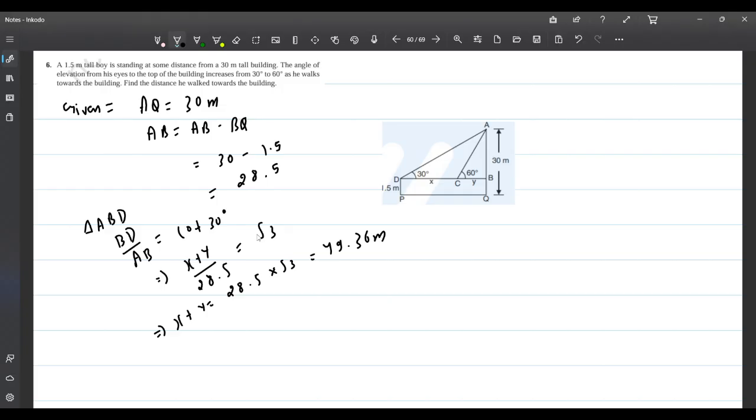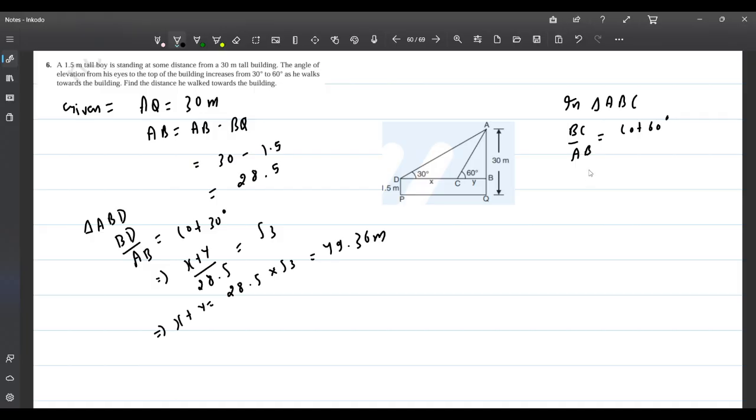Now see in triangle ABC, BC upon AB, which is equal to tan 60 degree.